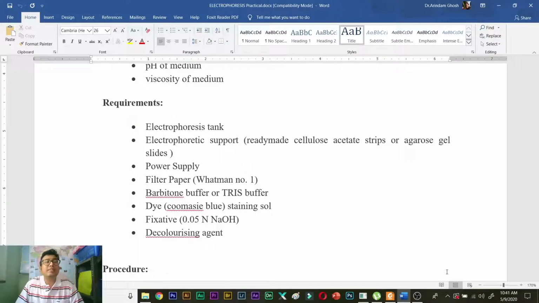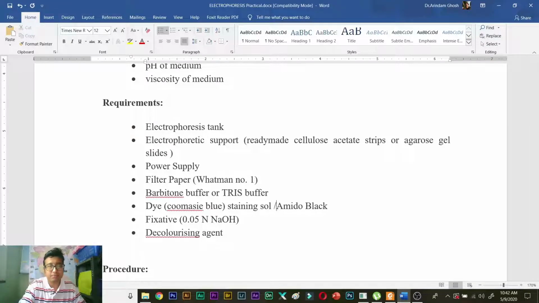Next, we will need some dye. The dyes for protein electrophoresis are two. Number 1 is Coomassie Brilliant Blue, or in a few labs they use amido black.